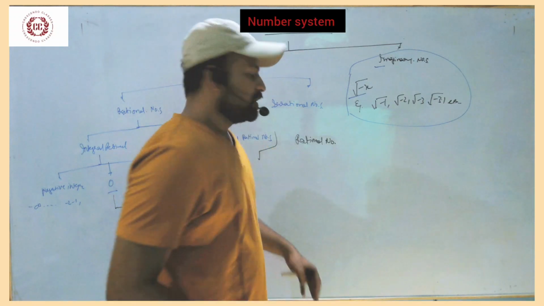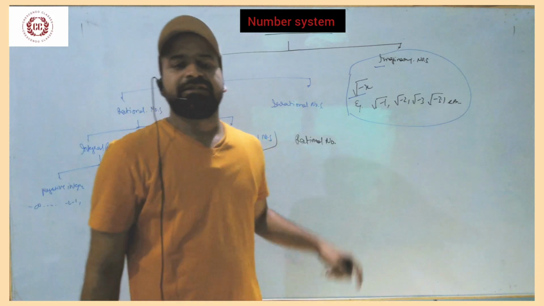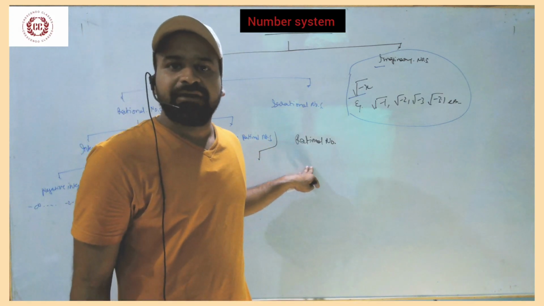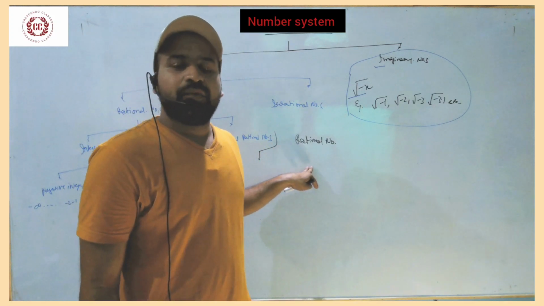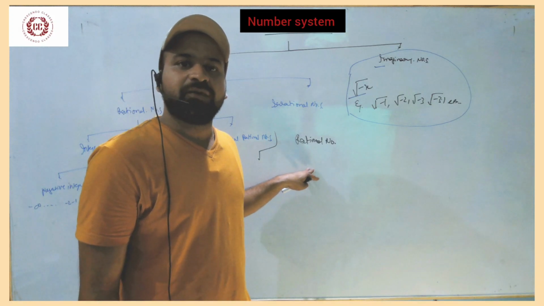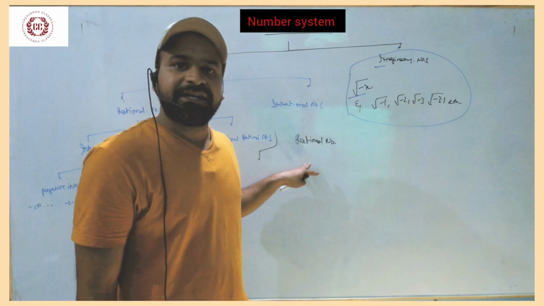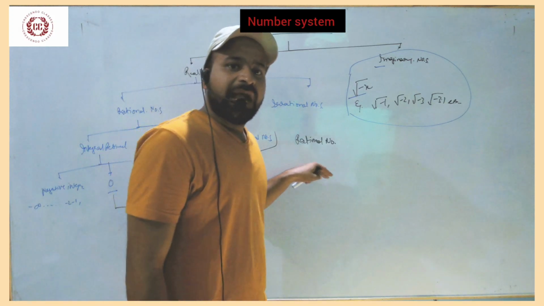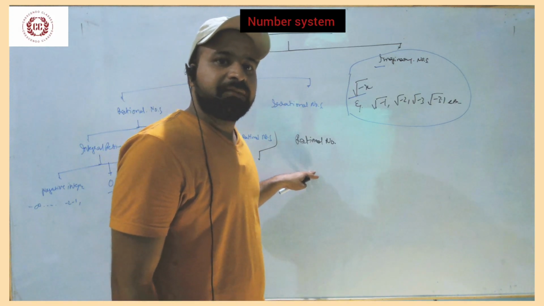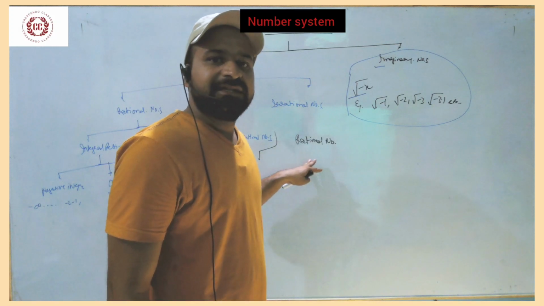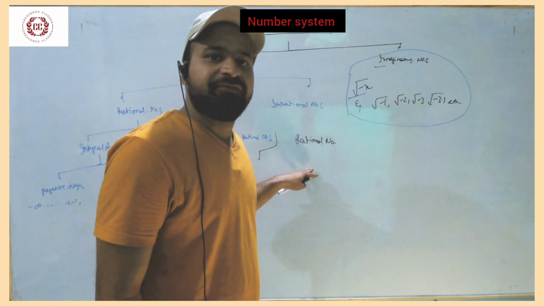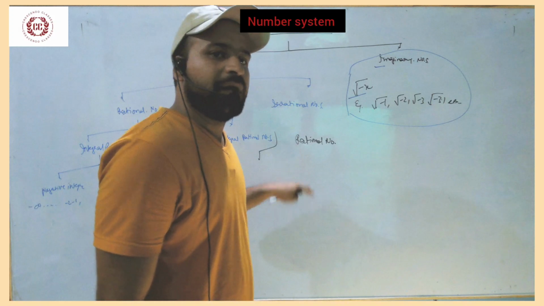Any number of the format a by b, where b is not equal to 0, and a and b are integers, and a and b are mutually co-prime, that is, they don't have any factor other than 1.